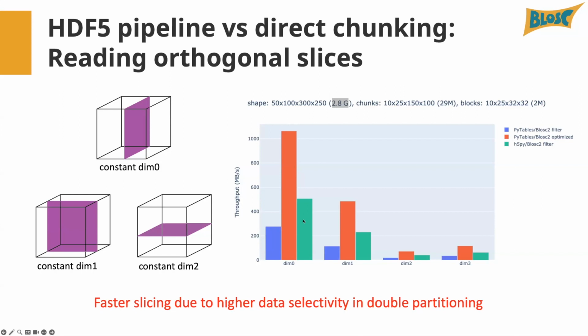In green, we can see h5py, which by default is faster than PyTables for hyperslicing, but still the new optimized hyperslicing capabilities are very good. Our plan is also to move these capabilities to h5py, in order to allow h5py to benefit from this work as well.